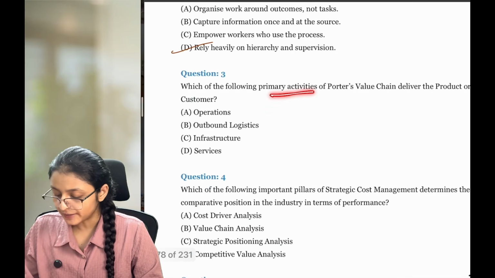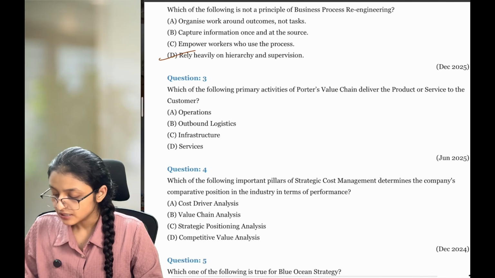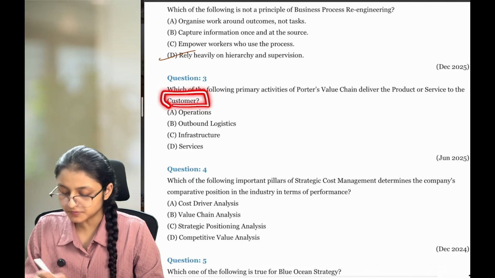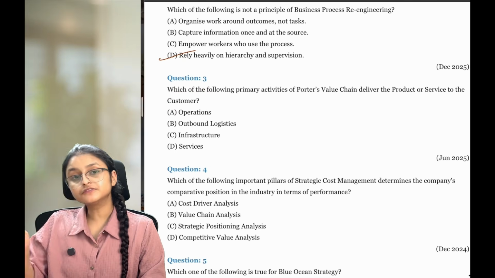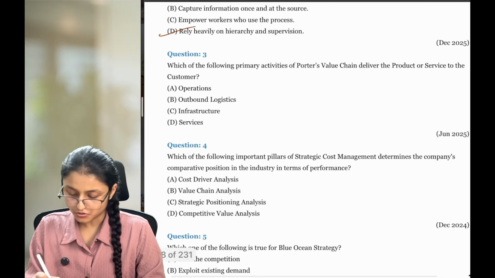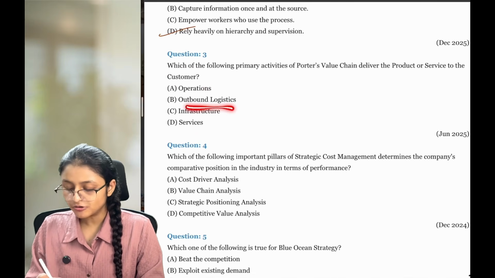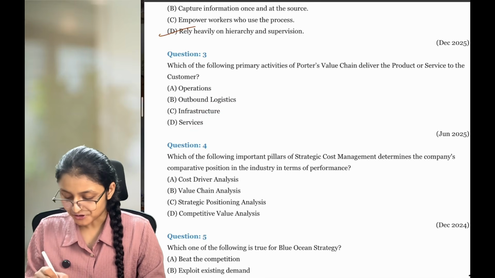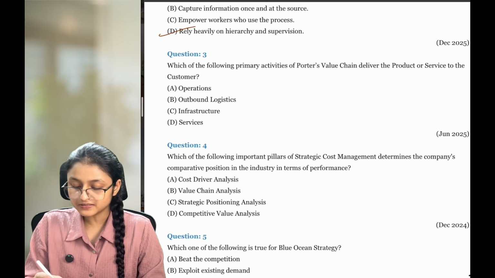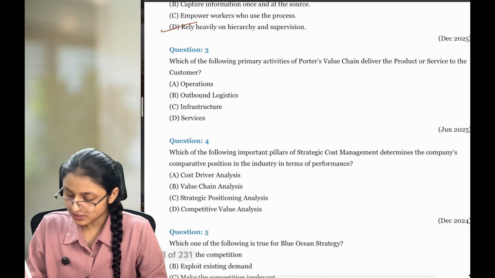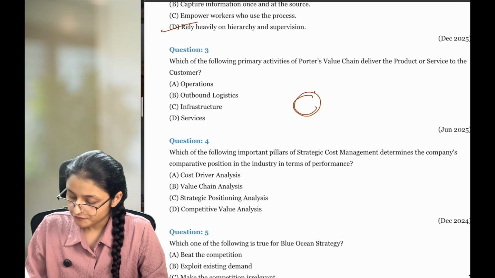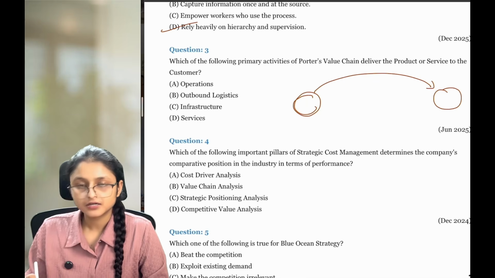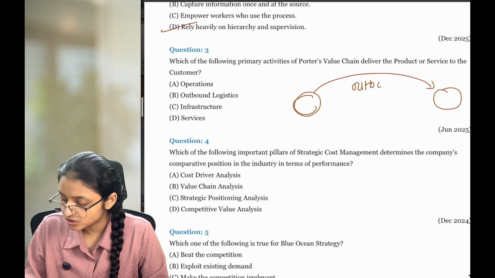Which of the following primary activities of Porter's value chain deliver the product or service to the customer? To deliver the product or service to the customer, what are you going to do? You are going to perform operations, outbound logistics, infrastructure or services. We are going to perform outbound logistics. What does outbound logistics mean? When you are taking your product from your factory to the customer, that is what outbound logistics is all about.